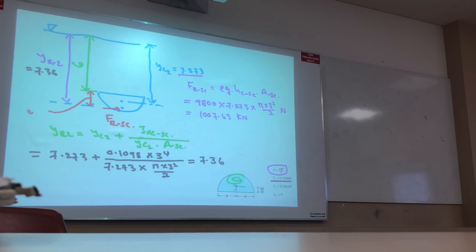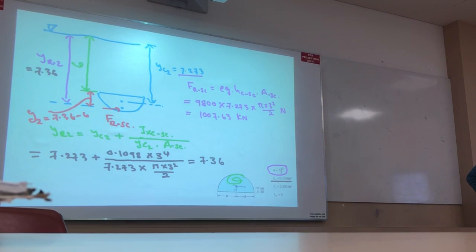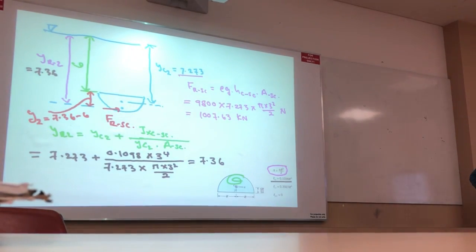You remember, this is Y2, which is equivalent to 7.36 minus 6, right? That means 1.36. Correct. Done. So my problem is solved. Correct? Done. Not very difficult. You have to work hard. Correct. You have to do some step understanding.